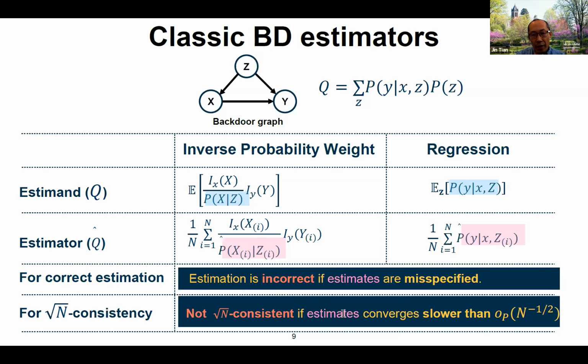So why is this a concern? Because in recent years, when we are trying to deal with high dimensional complex data, we are often going to use machine learning models to estimate those nuisances. For example, neural networks and random forests are known to converge slower than square root n. So then your estimators may not behave well.